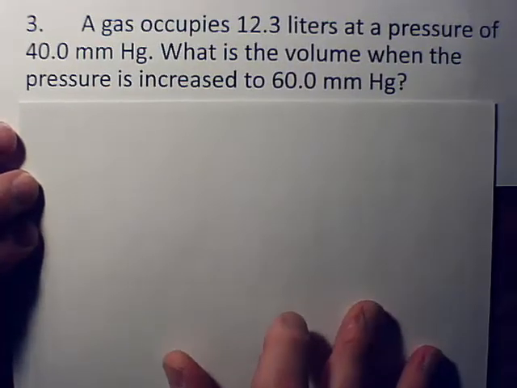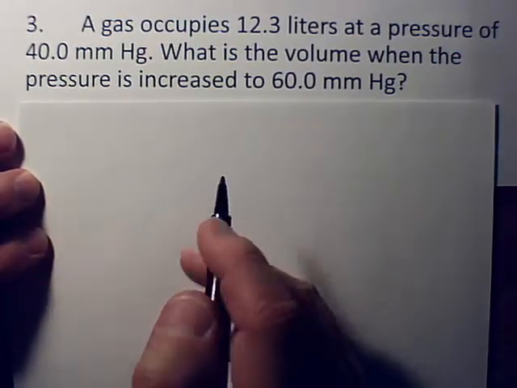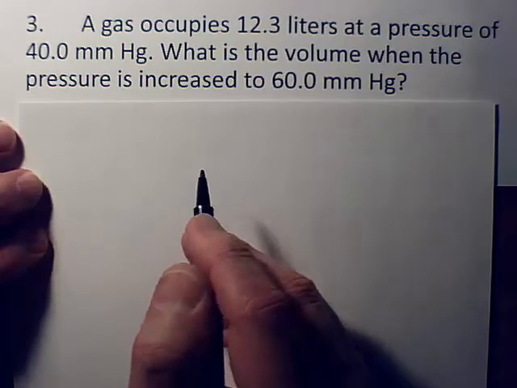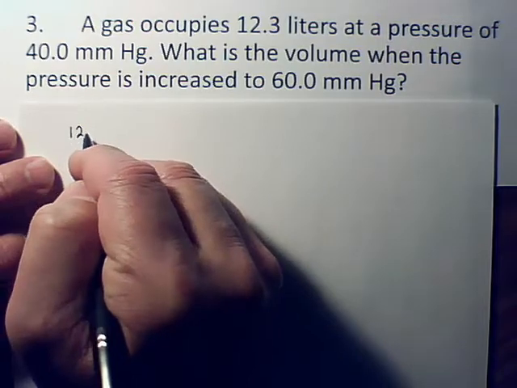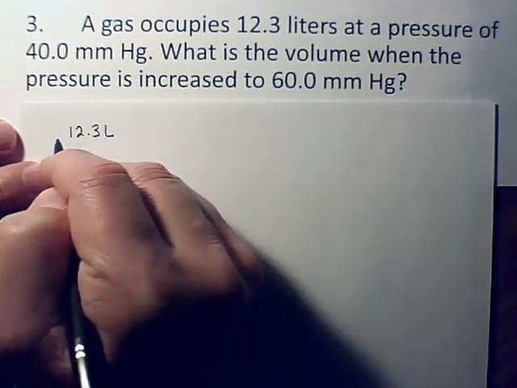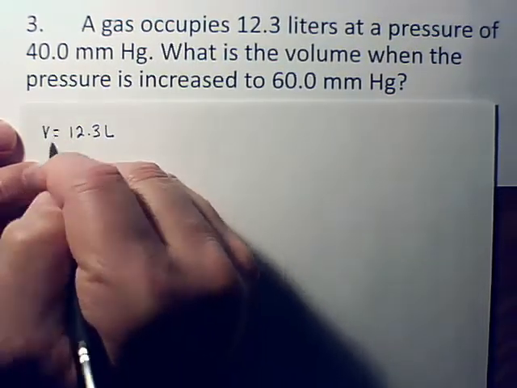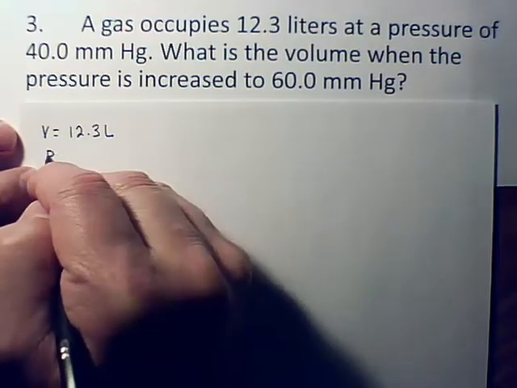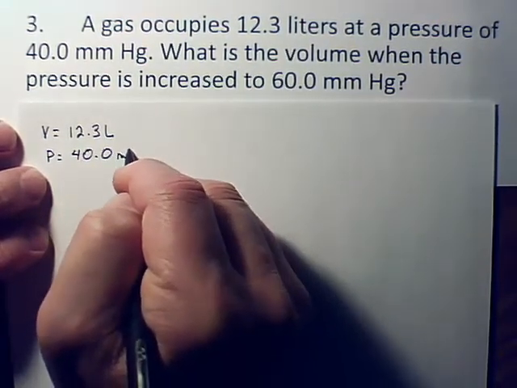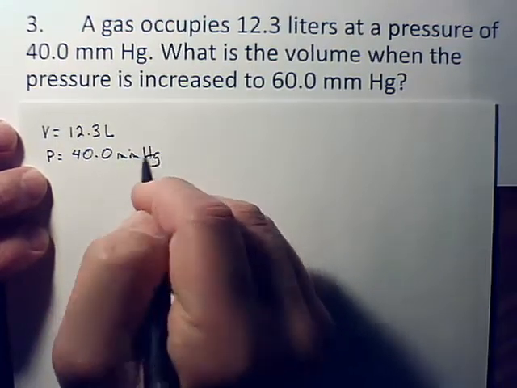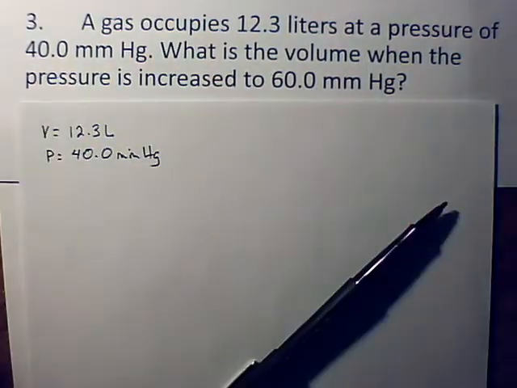Got a gas that occupies 12.3 liters at a pressure of 440.0 millimeters of mercury. 12.3 liters is a volume. Pressure is 440.0 millimeters of mercury. And we want to know what the new volume is.